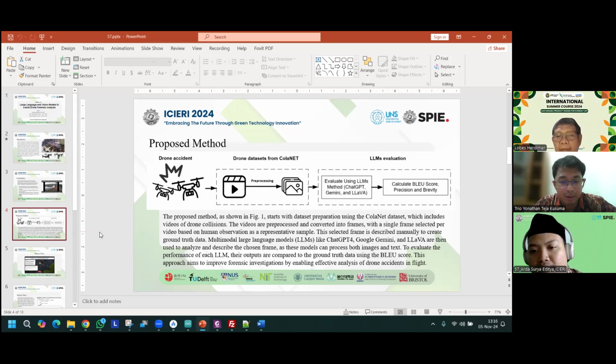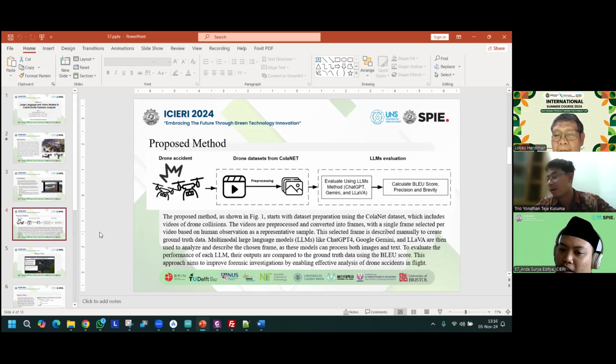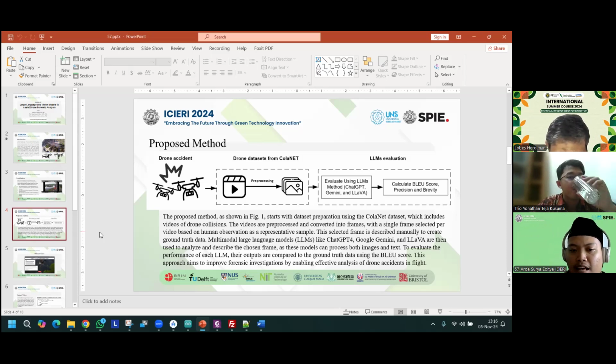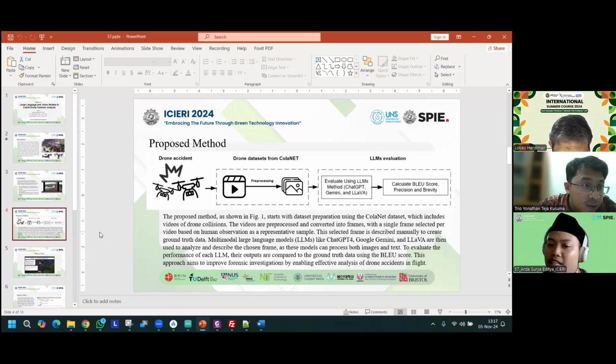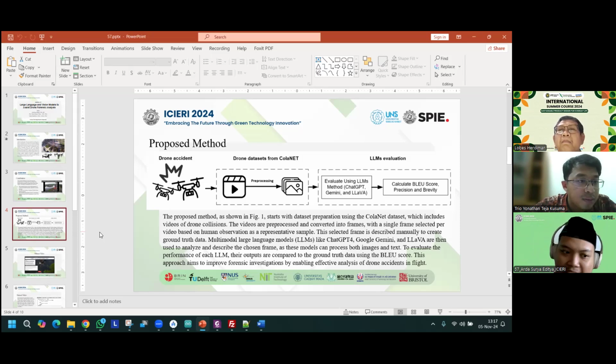Multimodal LLMs like ChatGPT-4, Google Gemini, and LLaVA are then used to analyze and describe the chosen frame, as these models can process both image and text. To evaluate the performance of LLMs, their outputs are compared to the ground truth data using BLEU score. This approach aims to improve forensic investigations by enabling effective analysis of drone accidents in flight.